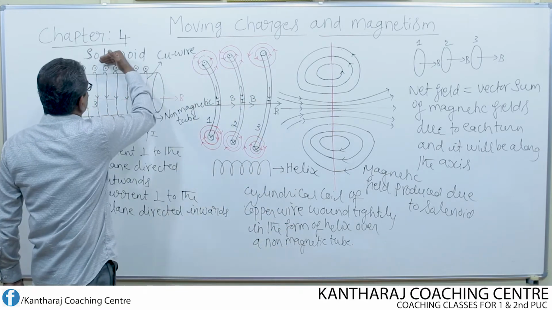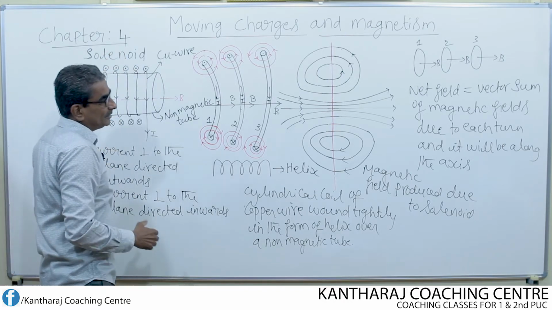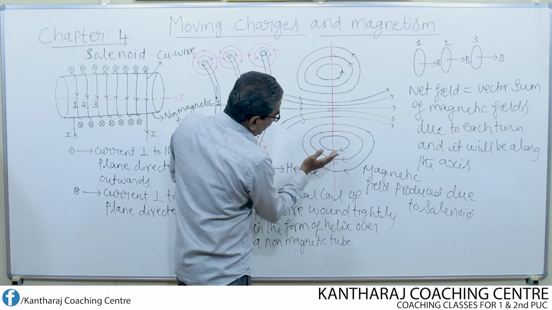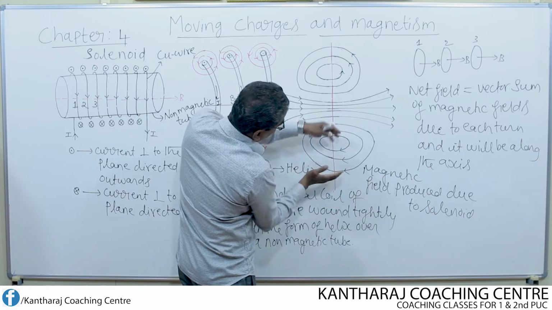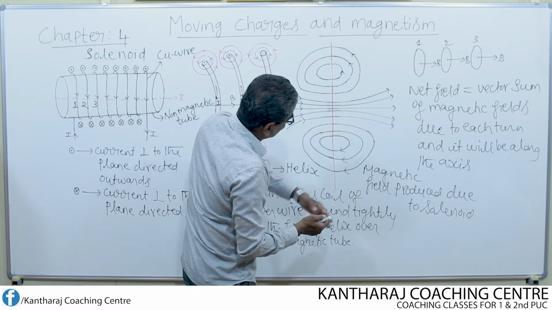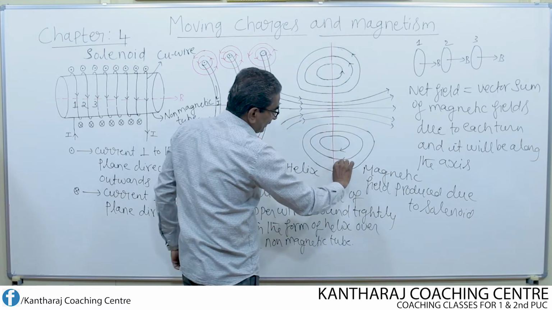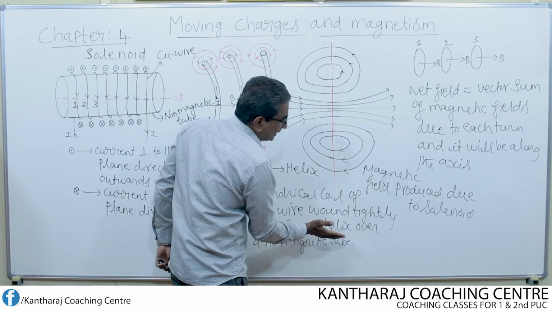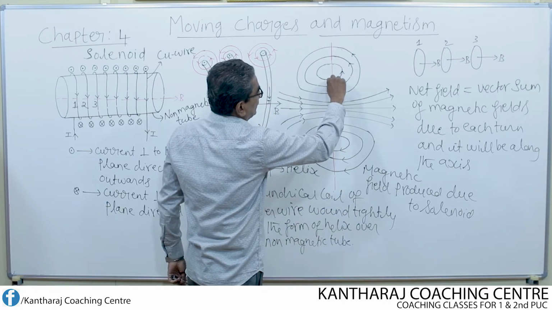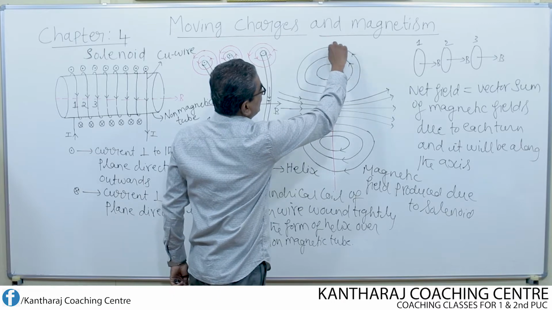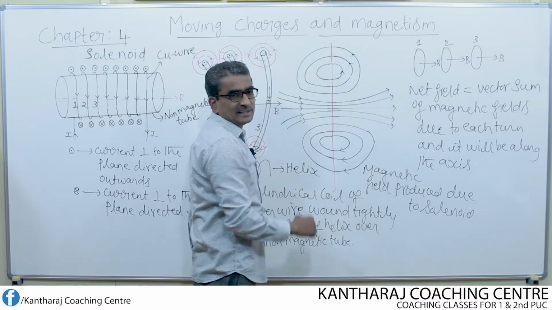Outside means both at the top as well as at the bottom. You can notice here the field lines are spreading out both at the top as well as at the bottom. Look here, the distance between the field lines continuously goes on increasing. So here you observe the distance, this distance, this distance, it continuously goes on increasing.